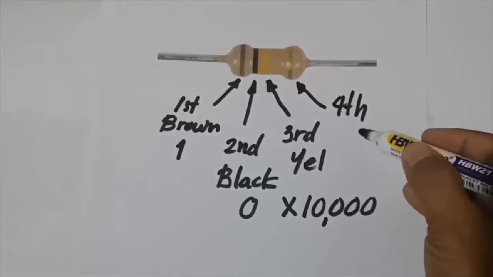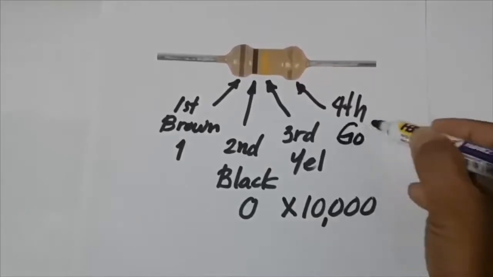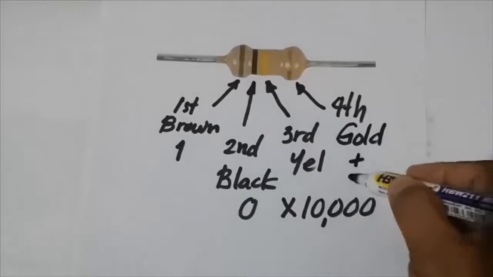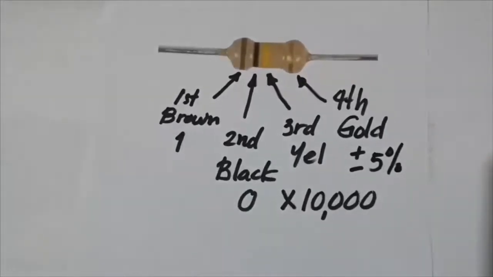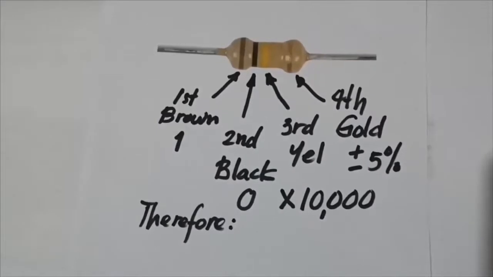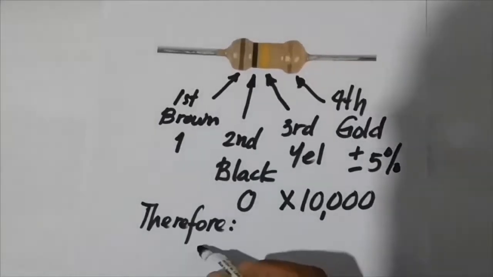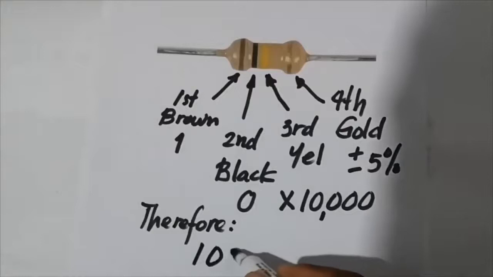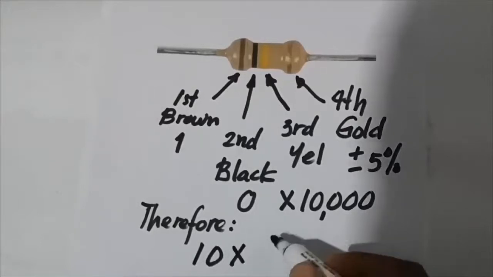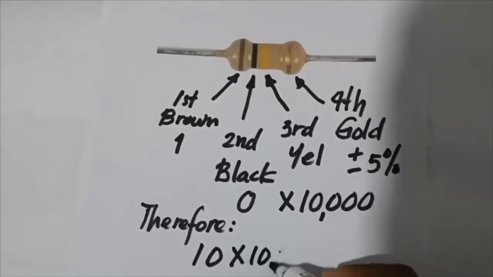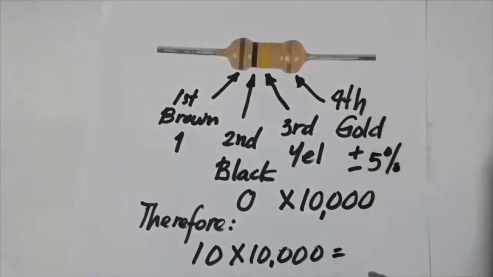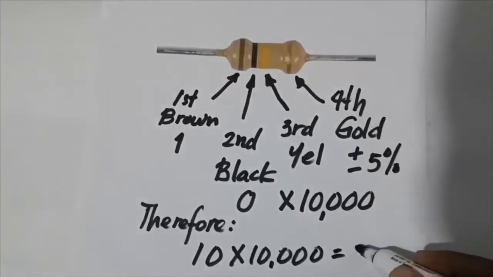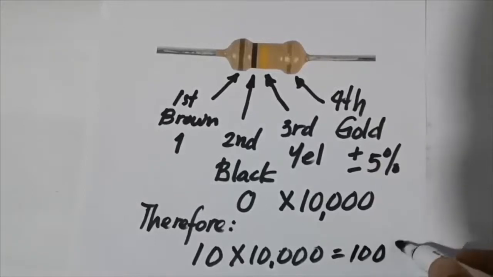Gold is equivalent to plus minus 5%. Therefore, the value of the color code is 10 times 10,000. This will give us an equivalent to 100,000 or 100 kilo ohms.